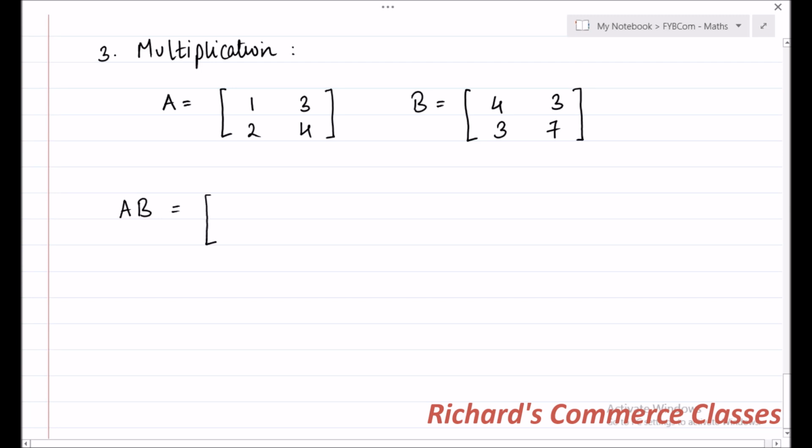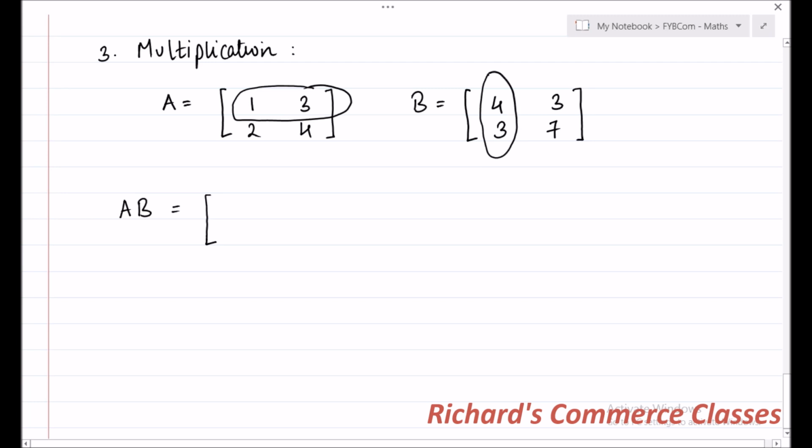Now for multiplication, you take the first row and multiply it with the first column of the second matrix.